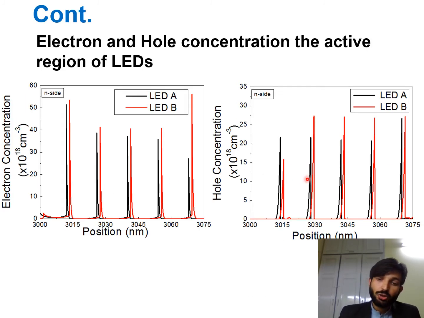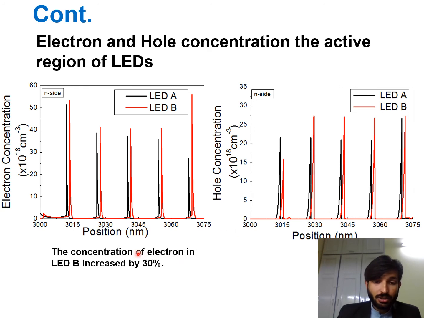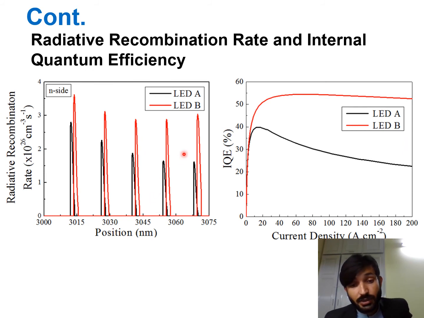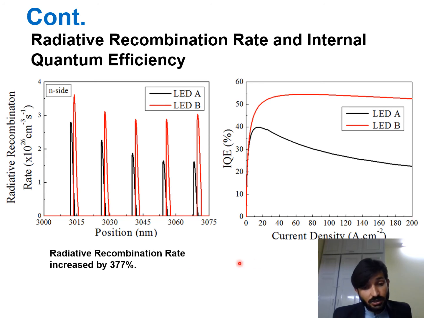Similarly, the electron and hole concentrations simultaneously increase in the proposed LED, and when we calculated it numerically, the electron concentration increased by 30% while the hole concentration increased by 45%. When the electron and hole concentrations increase, it means the radiative recombination will also increase, and numerically, the radiative recombination rate increased by 337%, which is a very huge number.